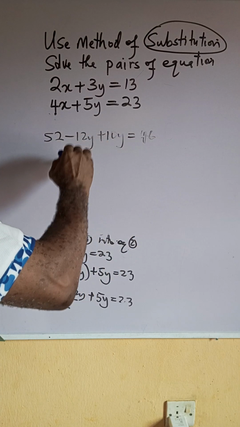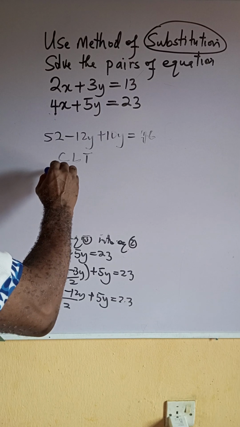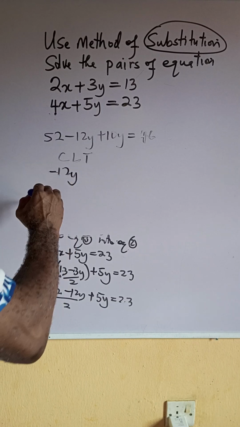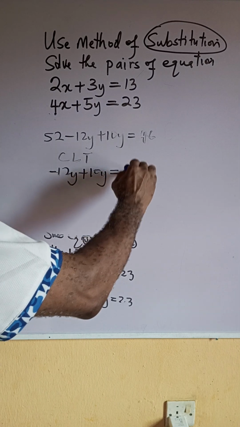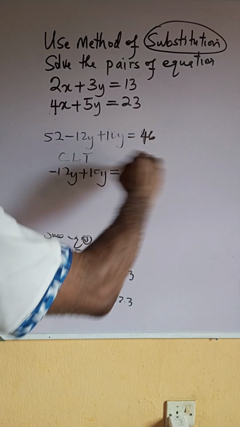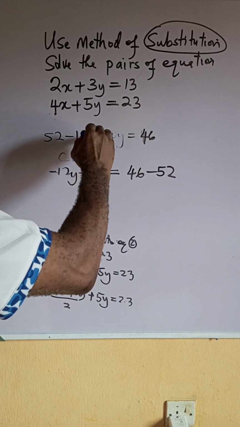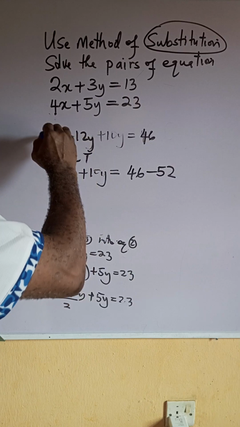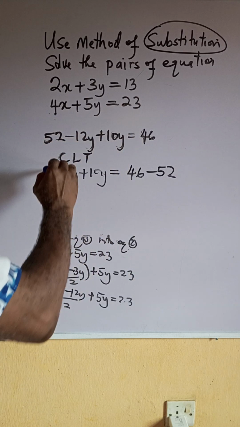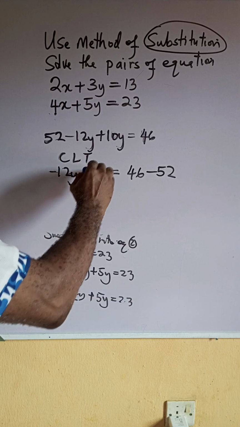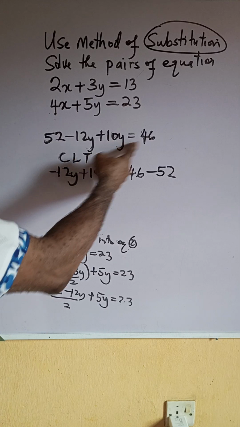All right, we collect like terms. Sorry, let me make it clear. All right, so 52 minus 12y plus 10y equals 46.